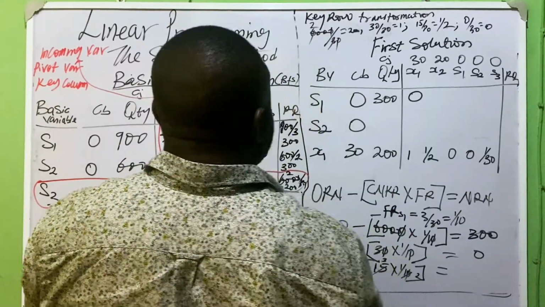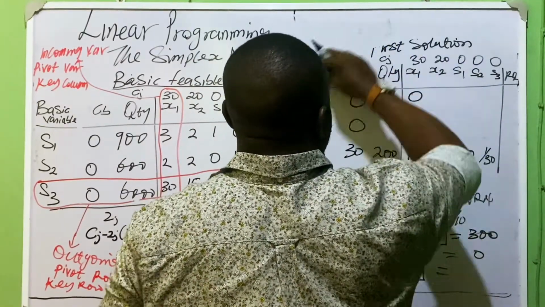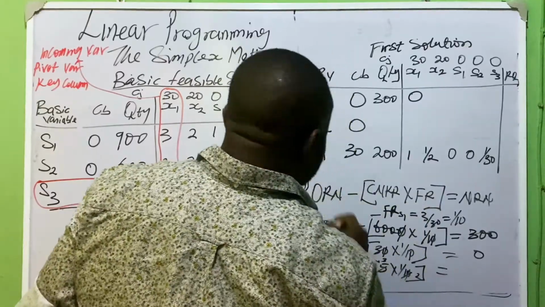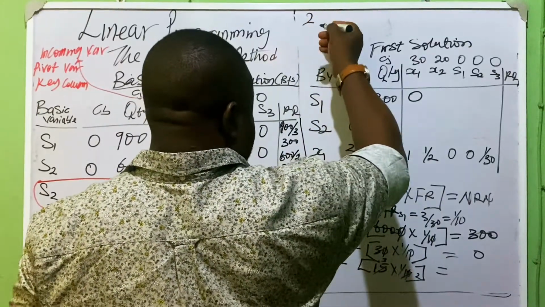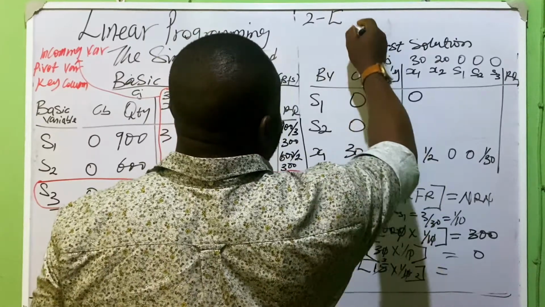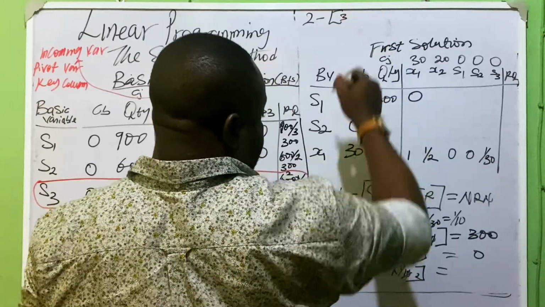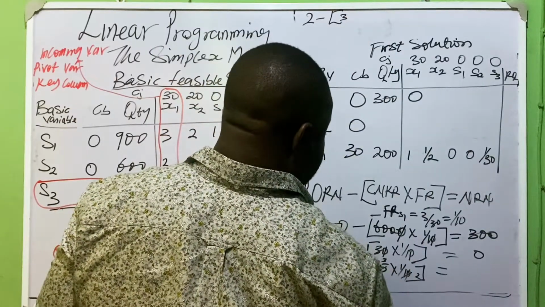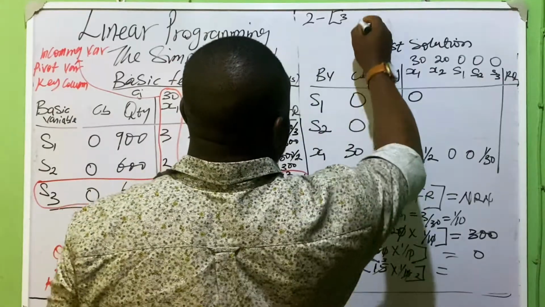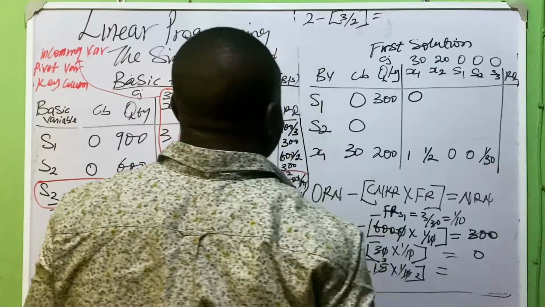Let's expand it here. 2 is 2/1 and we have 3/2.